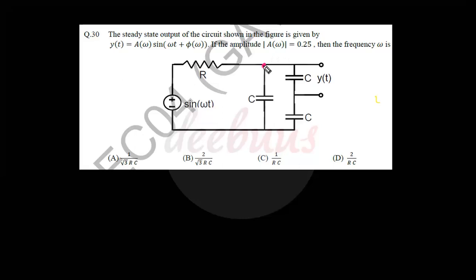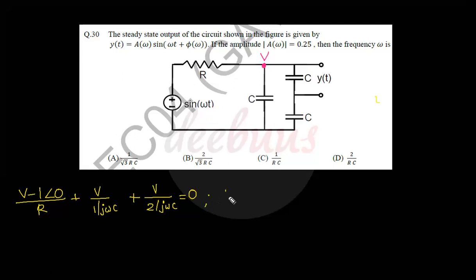So I am writing the node equation at this node and marking the node voltage as V. So V minus the voltage source, which is sin omega t, magnitude unity and phase 0, that is V minus 1 angle 0, divided by resistance R, plus V divided by 1 by j omega C, plus V divided by 1 by j omega C plus another 1 by j omega C, so V divided by 2 by j omega C, equal to 0.